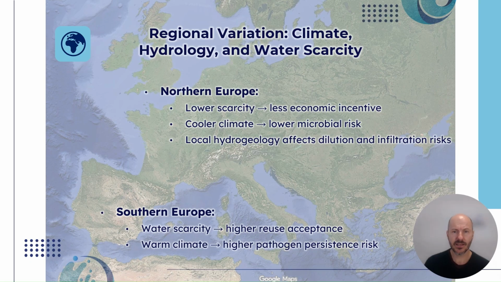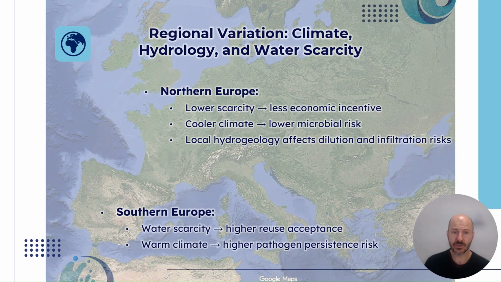In contrast, Southern Europe faces chronic water scarcity, particularly in Mediterranean countries such as Portugal, Spain, Italy, Greece, and Cyprus. The climatic drivers of drought and seasonal water deficits make water reuse a strategic necessity to ensure water security for agriculture, tourism, and urban supply.